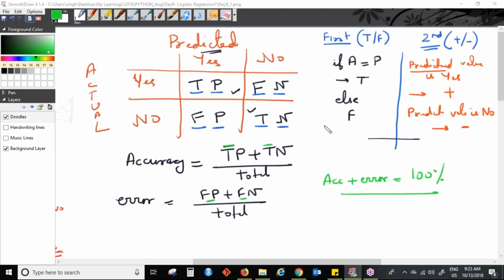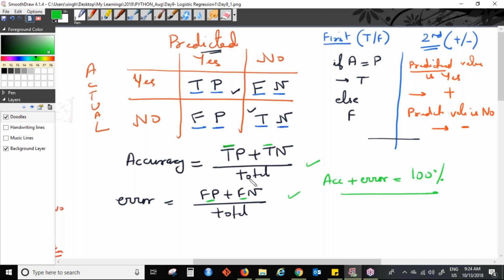Now these are plain accuracy and plain error parameters, which have been created using the confusion matrix. Depending on the business scenario, you might want different kinds. There are several other parameters that we will see now, and depending on the business case, you will give importance to one of the parameters over the other.